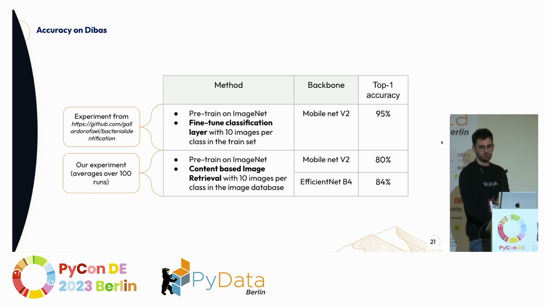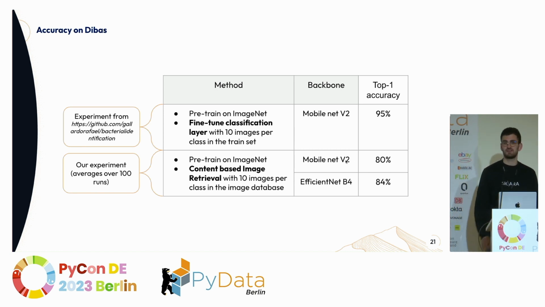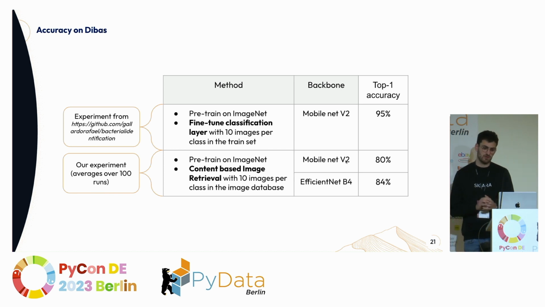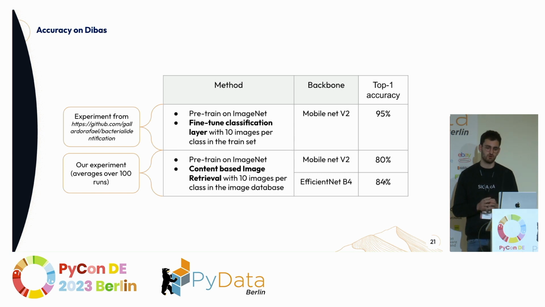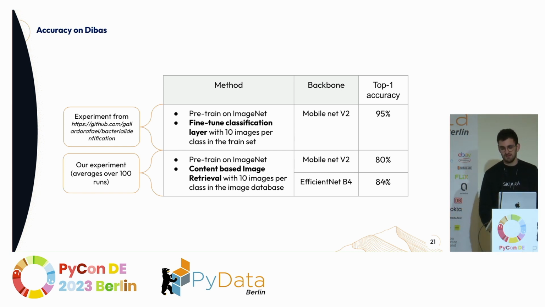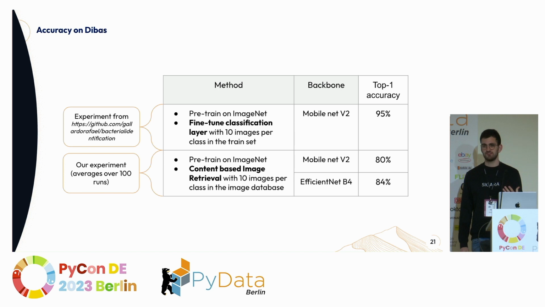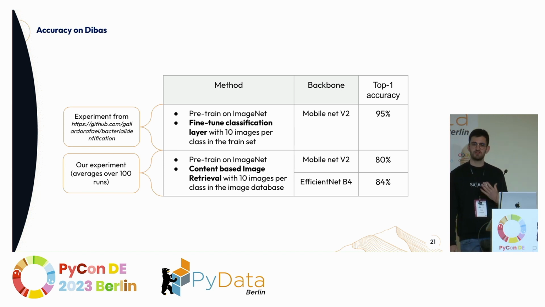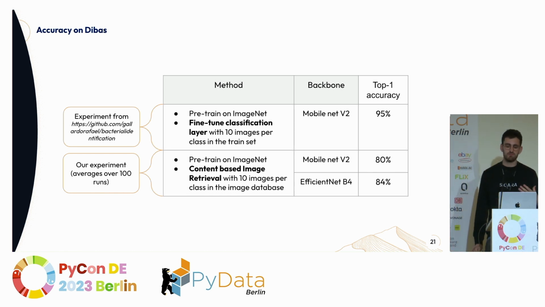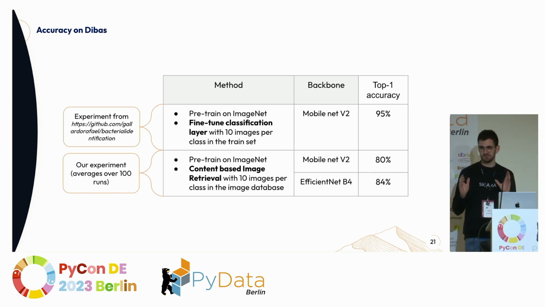When we use a MobileNet V2, we get a result of 80%, and we can get this up to 84% when we use better backbones. It's still far from the 95%, but also very far away from random. So it really manages to extract some interesting features to give an interesting performance.